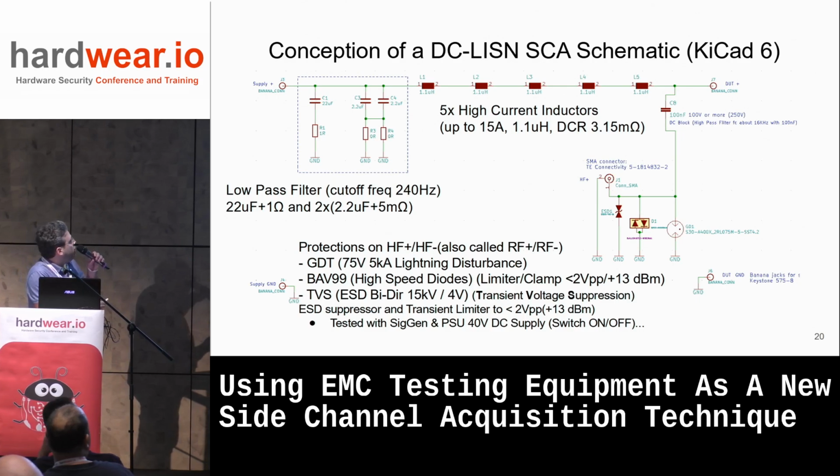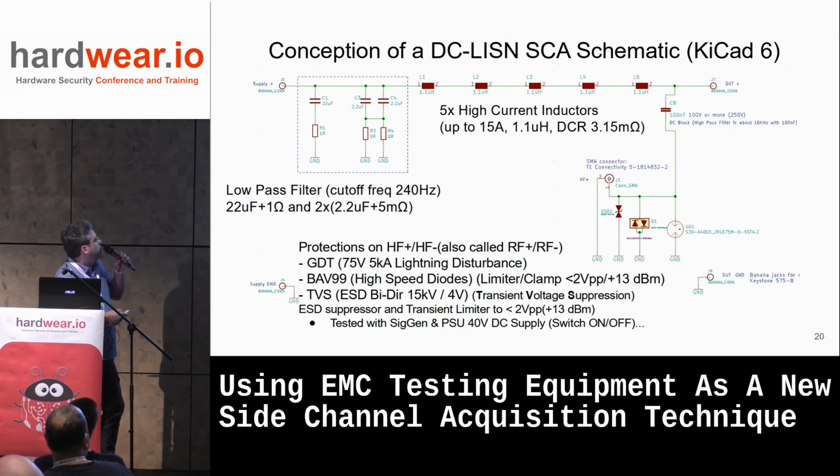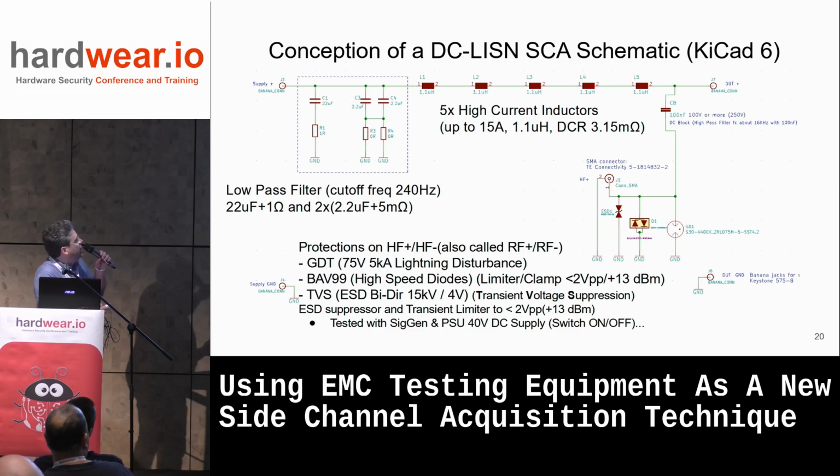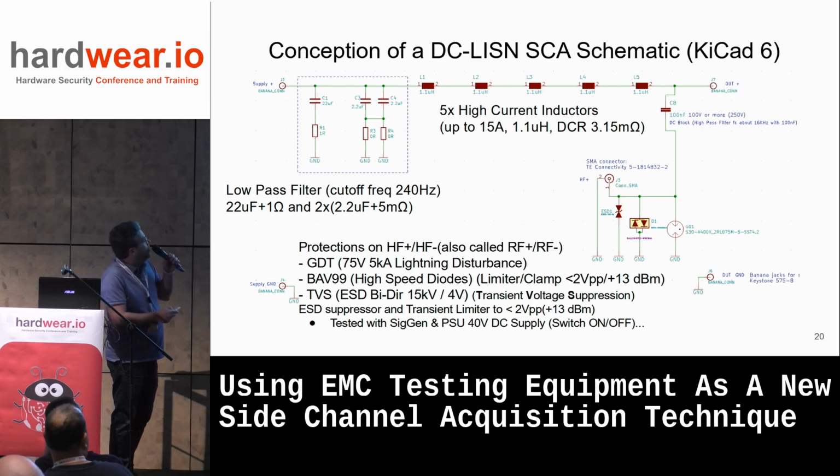It acts as a low pass filter with a cutoff frequency of about 240 hertz. It's not very accurate, it's simulation. And there we have 5 high current inductors up to 15 amp, and each one is 1.1 microhenry to have about 5 microhenry at the end. And there we have the DC block.